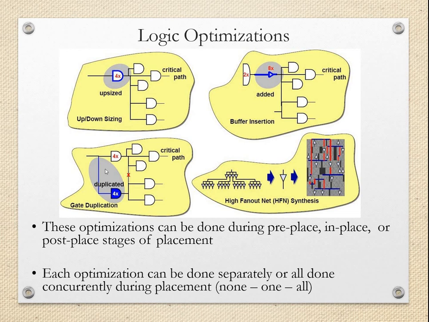If possible, gate duplication can be avoided, or some buffers can be inserted, or a high fan out net, that is an HFN net, will be synthesized by adding some buffers. Likewise, different steps will be taken for the logic optimization also.